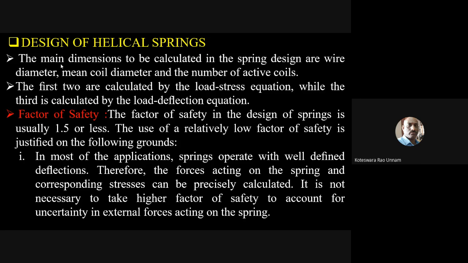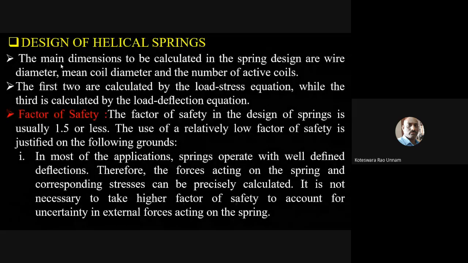The first two, that is wire diameter and mean coil diameter, are calculated based on the load stress equation, the resultant shear stress equation we discussed earlier. That is, the resultant shear stress tau is equal to K multiplied by 8PD by pi d power 3, where K is the wall stress correction factor.